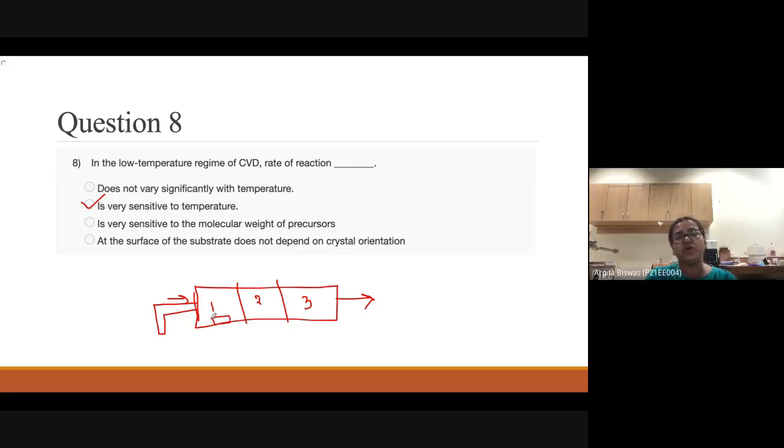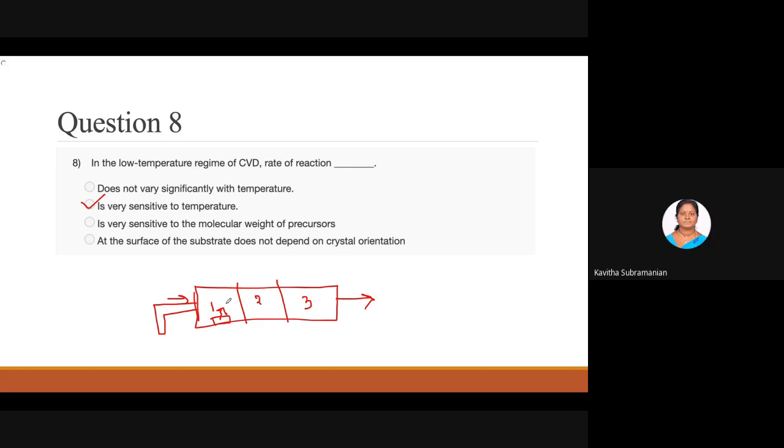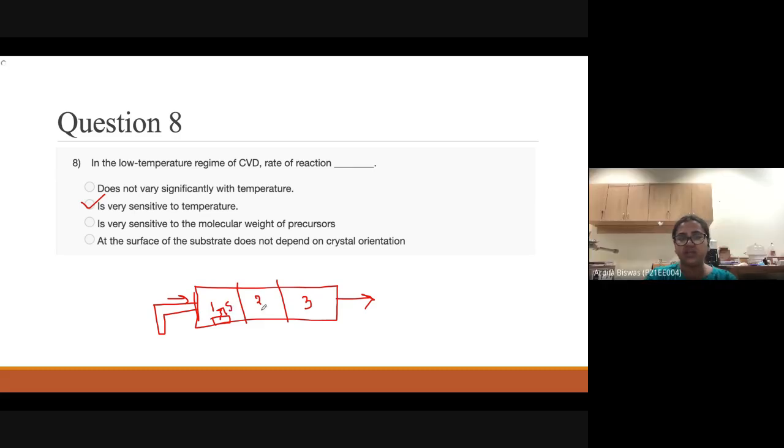If we want to grow some MoS2, in the first zone we take the sulfur precursor, which is in powder form, and in the second zone we use the MoO3 powder. This is the precursor. Now we set some temperature, a higher temperature, 850 degrees centigrade.